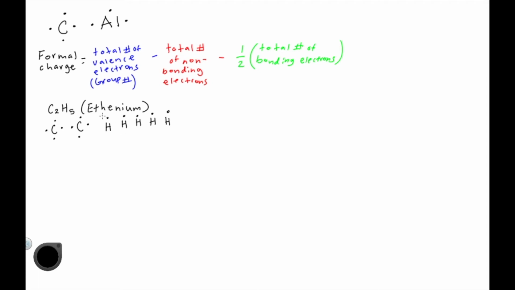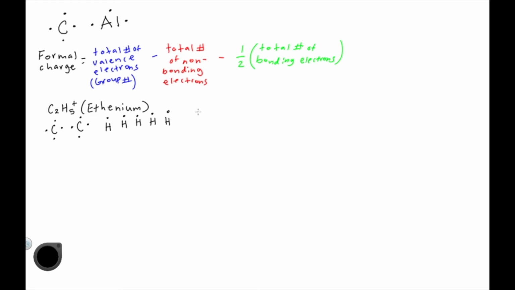However, ethenium is an ion, right? Ethenium has a positive charge. We call this a polyatomic cation, because it has a positive charge. So because the ethenium molecule has a positive charge, we have to subtract an electron from the overall total, right?